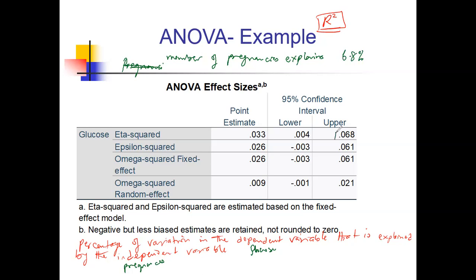You're getting that from here. So the first effect size we are interpreting is the eta squared. Again, your current version of SPSS might not have the rest of them, but even if it does, we're not interpreting the rest. We are focusing on eta squared.